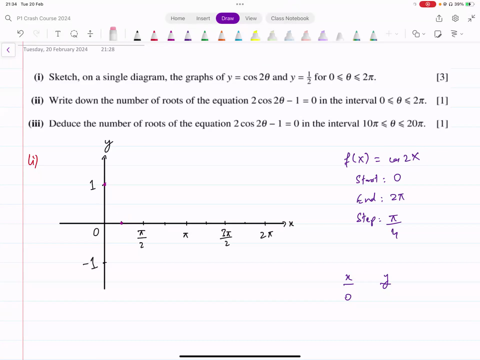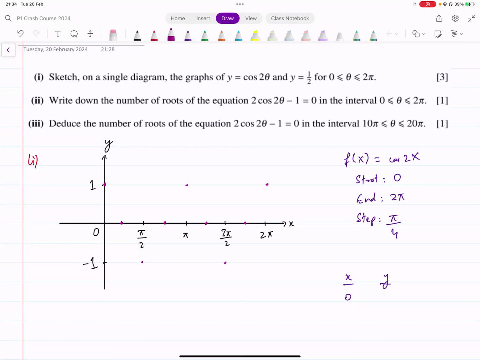At pi over 4, it should be getting 0. And then at pi over 2, you would have -1. At 3 pi over 4, you'd have 0 again, and then 1 again, and then 0, and then -1, then 0, and 1. This is how the points are going to look. Is that correct?